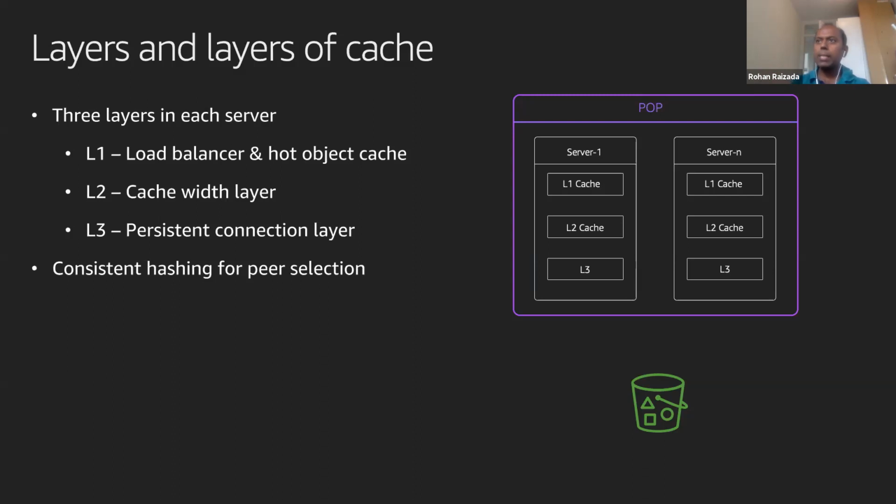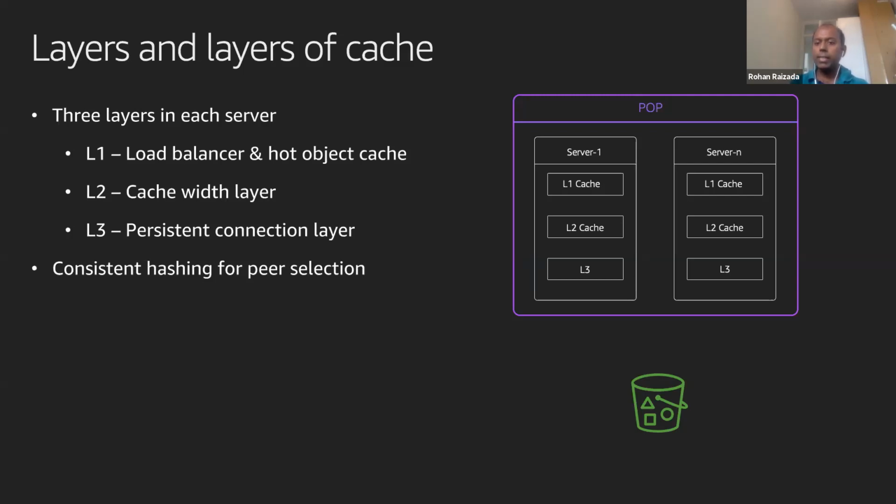The L1 acts as a load balancer, and it only keeps hot objects in its cache. Hot objects are typically the objects which are very popular, the most frequently requested objects from the viewers. The other layer is L2.